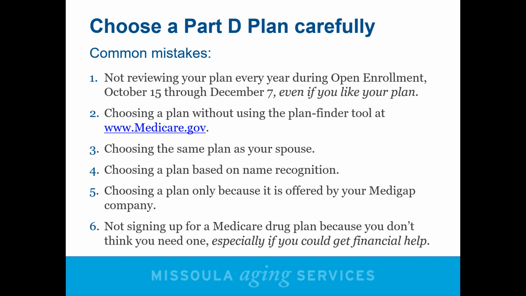There's no family plan, right? Choosing the plan based on name recognition. You want to look at the coverage before you look at the brand name. And then choosing the one that your Medigap or your Advantage plan came through. It's not like bundling home and auto insurance or something like that. That last one is not signing up because you don't think you need a plan and getting dinged with that penalty. And again, especially sad for someone who could have gotten financial help with that.